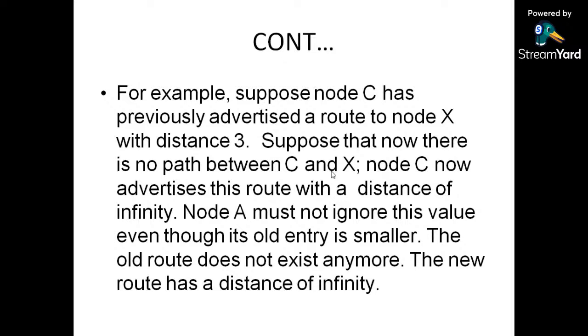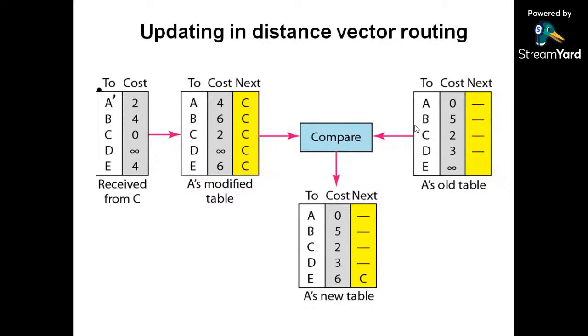Node A must not ignore this value even though its old entry is smaller. The old route does not exist anymore. The new route has a distance of infinity. So initializing, sharing, now updating in distance vector routing.